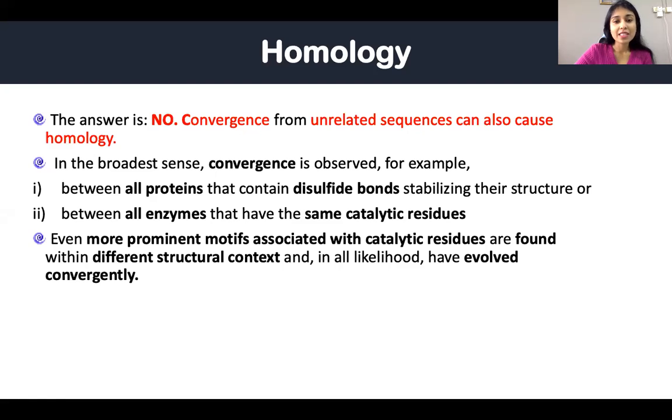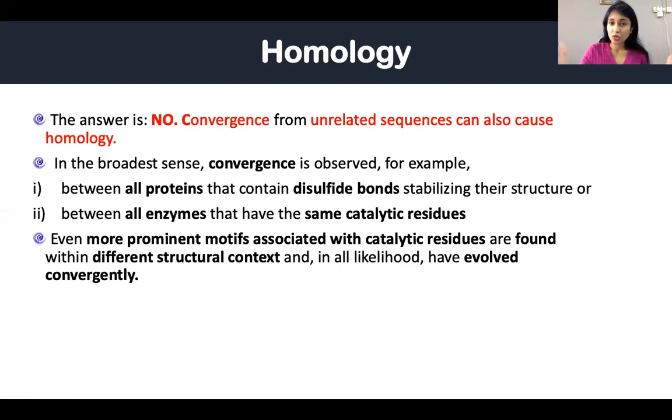So in the broadest sense, convergence is also observed between all proteins that contain disulfide bonds, which stabilize their structure, or even between all enzymes that have the same catalytic residues. So even more prominent motifs associated with catalytic residues are found within different structural contexts and in all likelihood have evolved convergently.